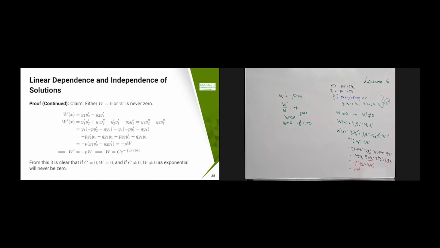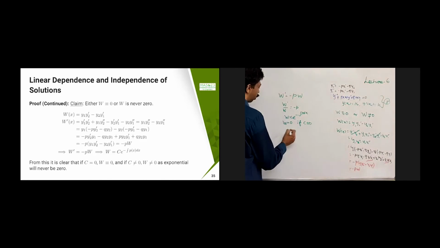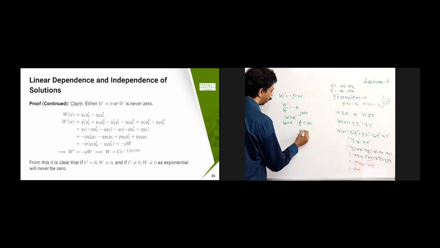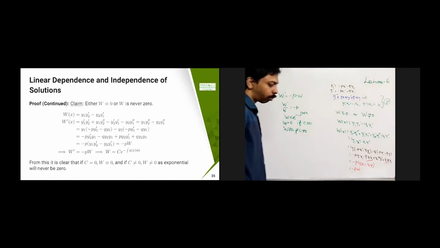Exponential will never become 0. So it is clear that c equal to 0 means W is identically 0. If c is not equal to 0, then W is not equal to 0.